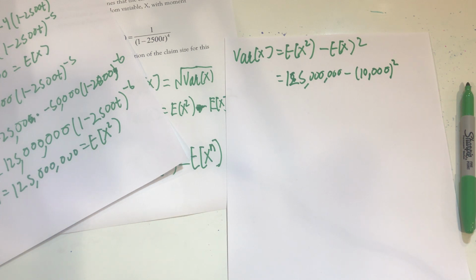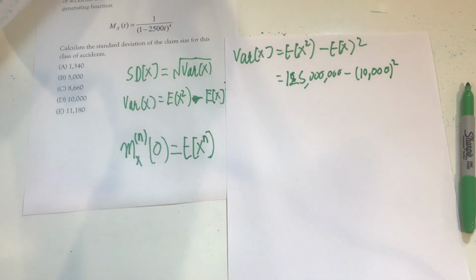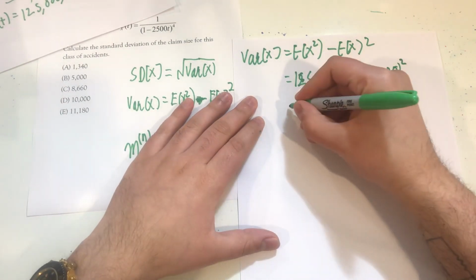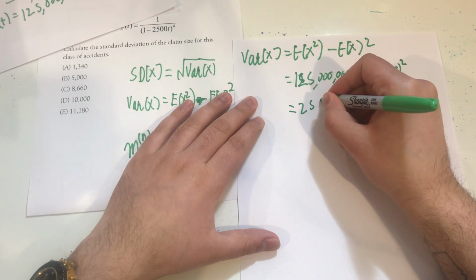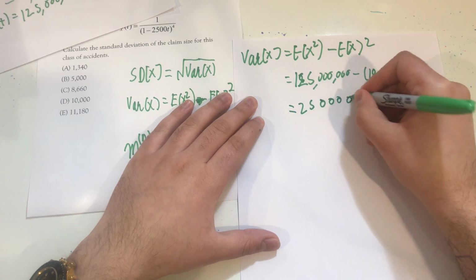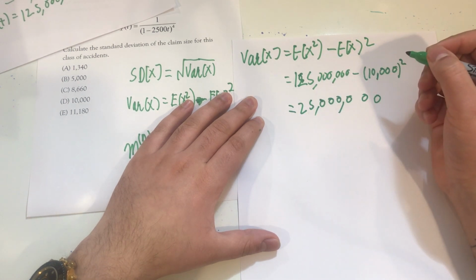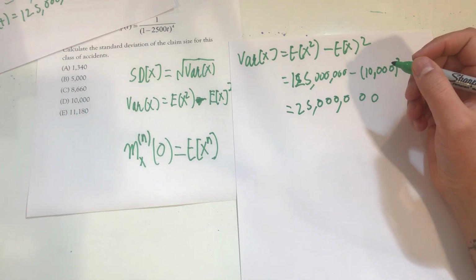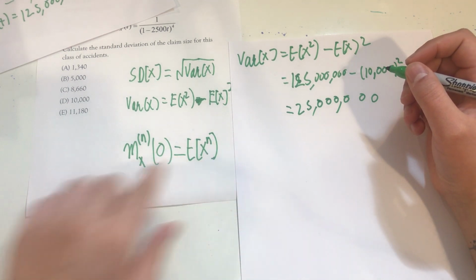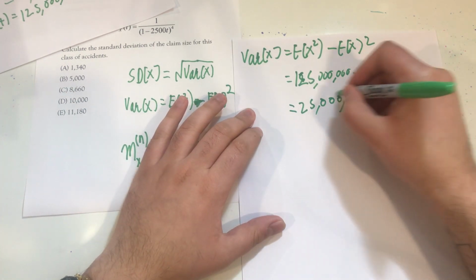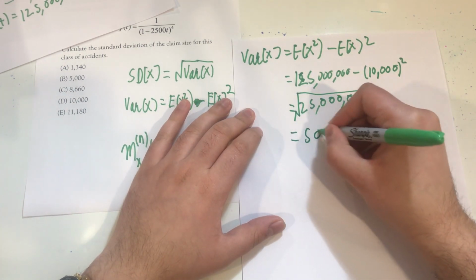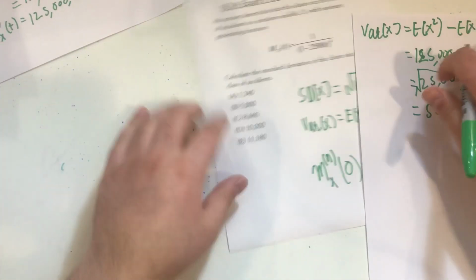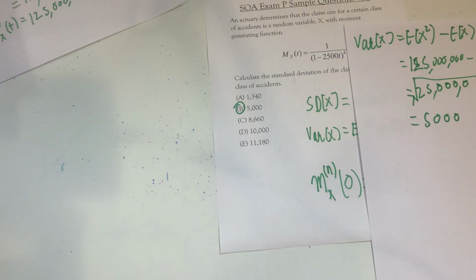And I get, let's see, that is equal to 25,000,000, 25 million. And that's the variance. Now, once I have the variance, I square root it to get the standard deviation. And square rooting this, you get 5,000, which lines up with answer choice B.